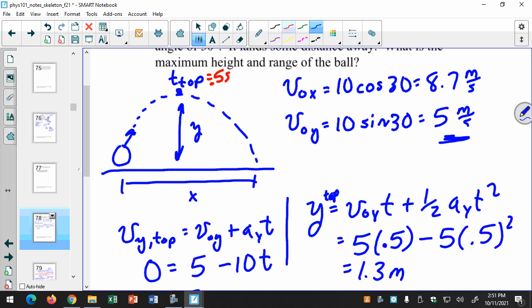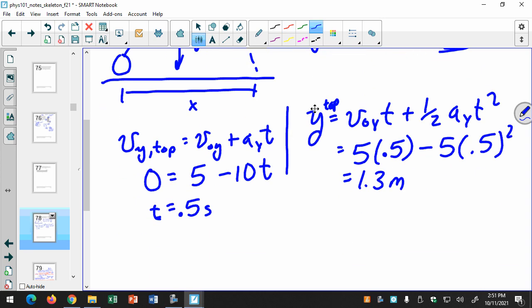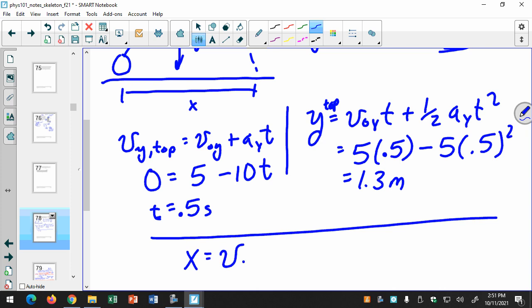Okay, that's y. Now to find x, I say x is equal to vx times t. But recognize that x has t at this point, and at this point, that time is 1 second. I did twice this value.